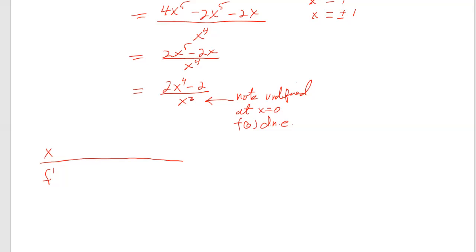Make a chart. We put our numbers on. We have a -1. I'm going to put 0 in there, and I'm going to put 1. So I'm going to include the undefined place where I have an asymptote. Okay, now I've got it partitioned according to my critical numbers and the vertical asymptote.